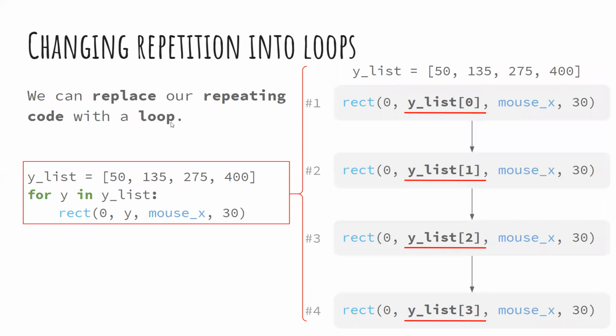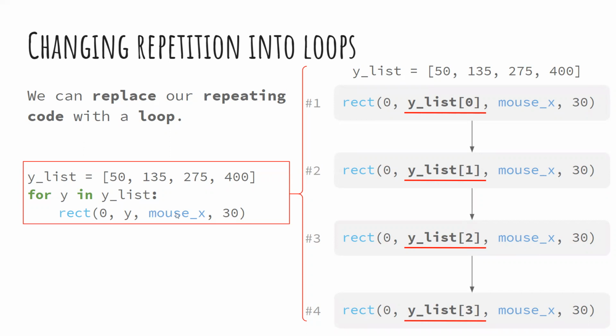Okay, so how do we change the repetition into loops? We can replace our repeating code with a loop. Over here, you can see that instead of writing them sequentially one after the other, we can just write: this is the list that has these values, and for y in y underscore list, rect 0, y, mouse underscore x, and 30.